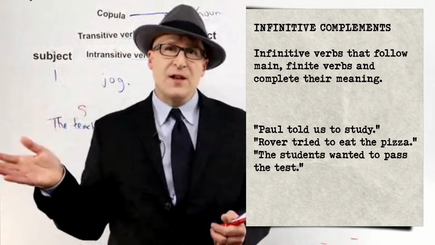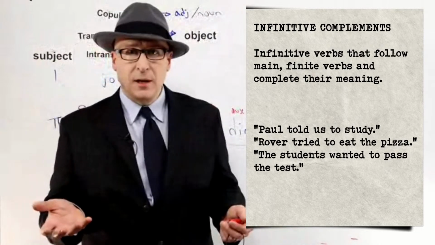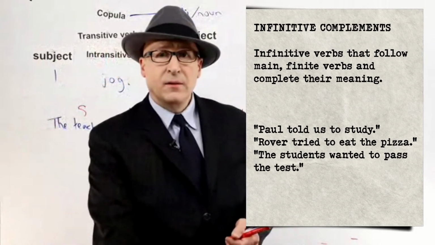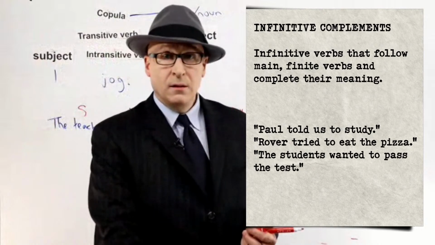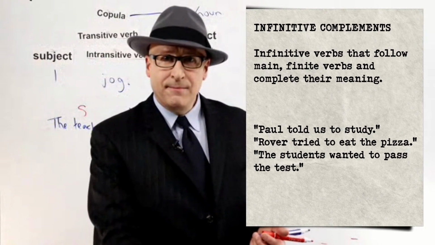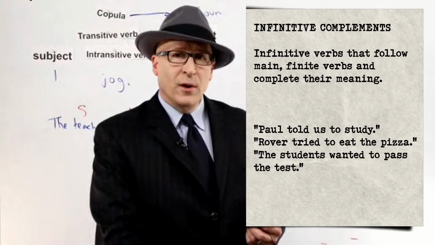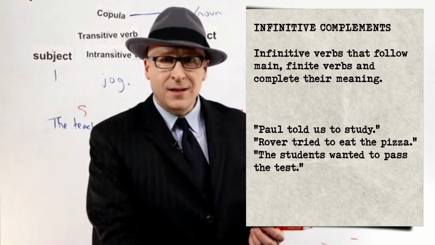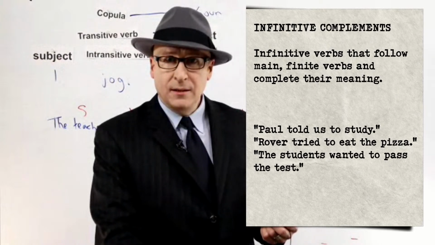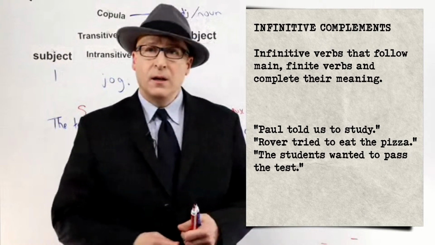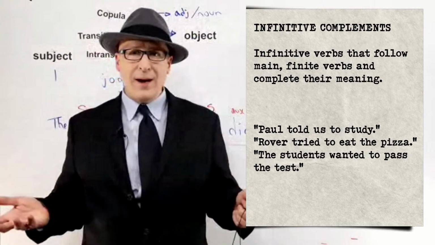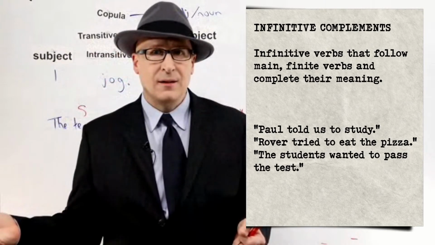So these are infinitives that follow the main verb and complete their meaning. And we've already seen some of these, right? Paul told us what? To study. Rover tried. Tried what? To eat the pizza. Okay? The students wanted. Wanted what? To pass the test. Right?